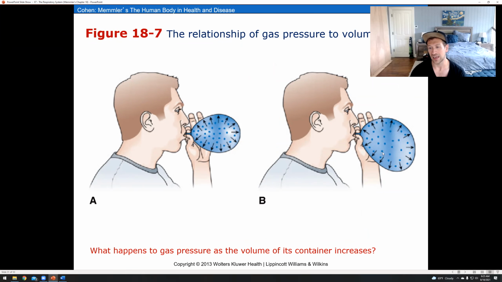You can see this picture's not, they should have just exaggerated a little bit more. These balloons kind of look the same to me, but you can see this balloon has more pressure in it over here. That's why when you're blowing up a balloon, it gets harder and harder to continue blowing more and more air into it.